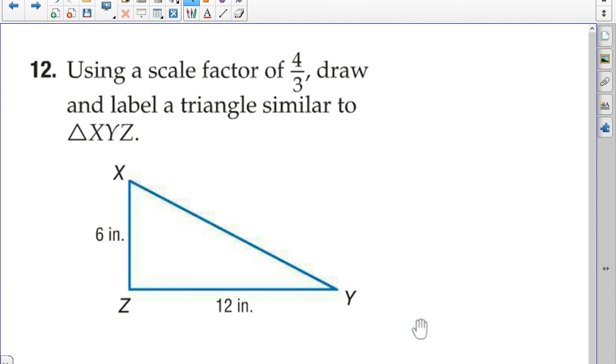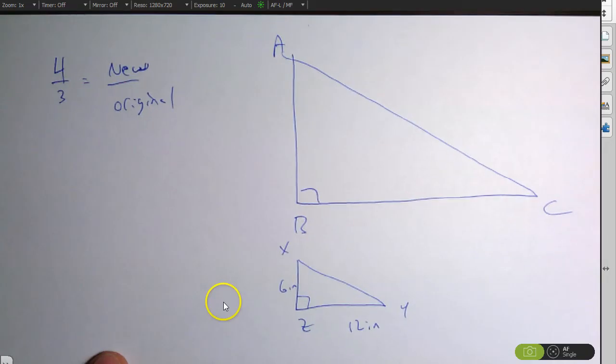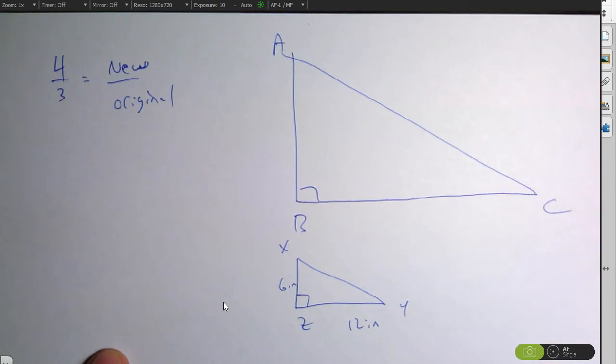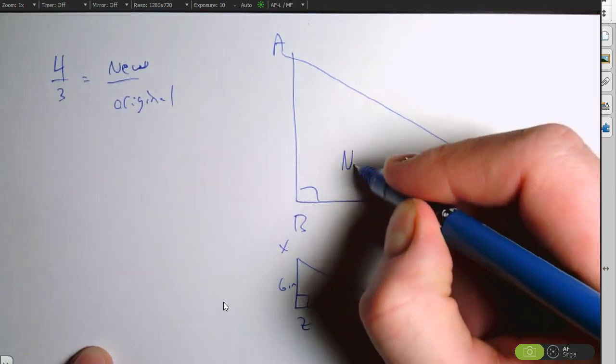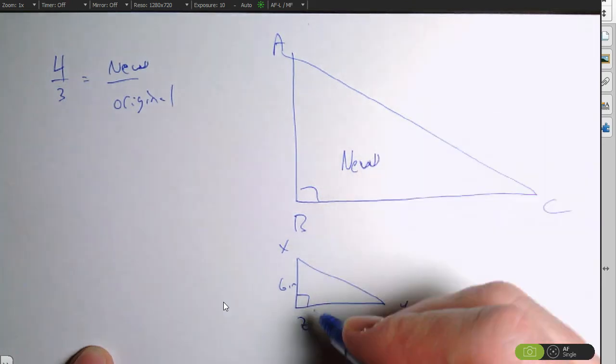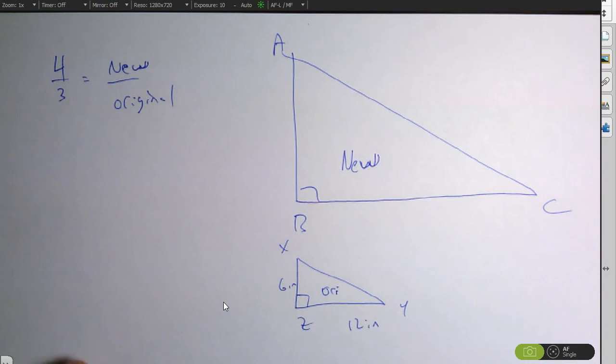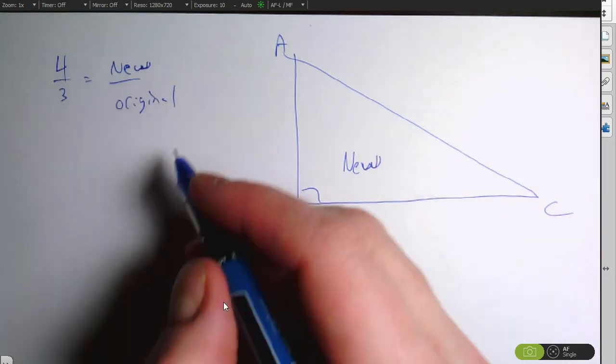Okay. So I'll go back to the drawing. And what I'm going to find is the two sides that correspond to the 6 and the 12 that fit the situation. So again, this is the new. This is the original. We'll call it ORI for original. So 4 over 3 is new to original.